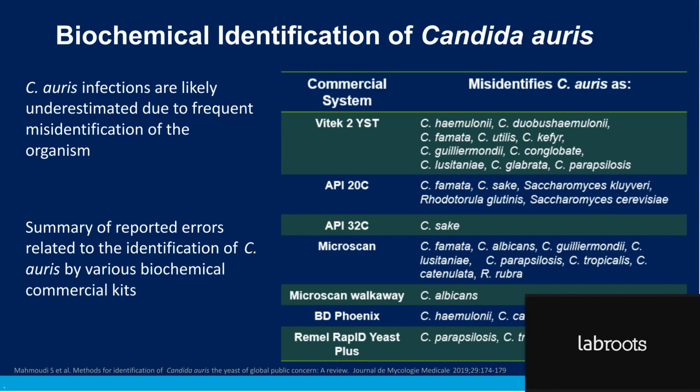As you can see, Candida haemulonii could be identified when Candida auris was actually present, and other types of Candidas. This is changing, fortunately, recently. However, this has probably led to a lot of misidentification in the past, and probably still does if these systems have not been updated.